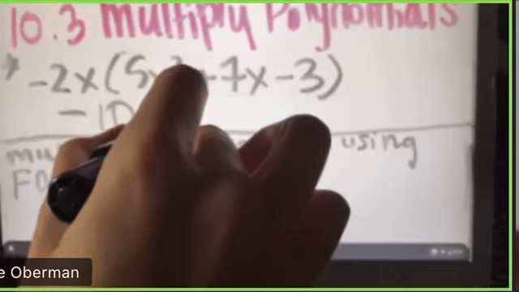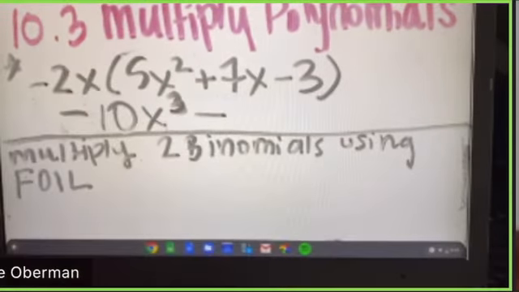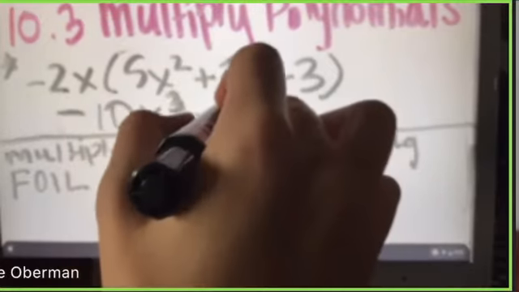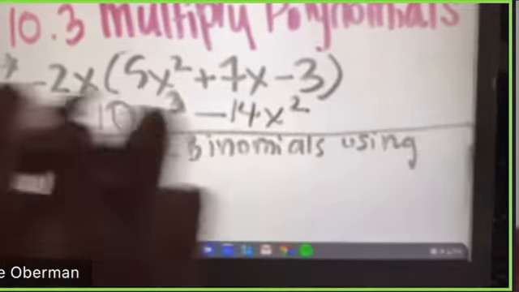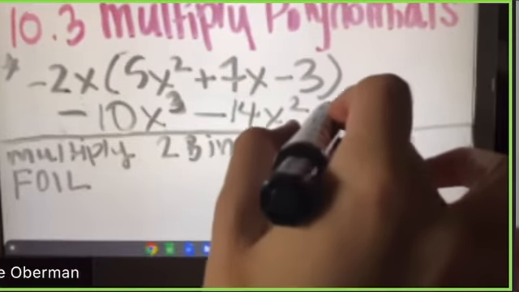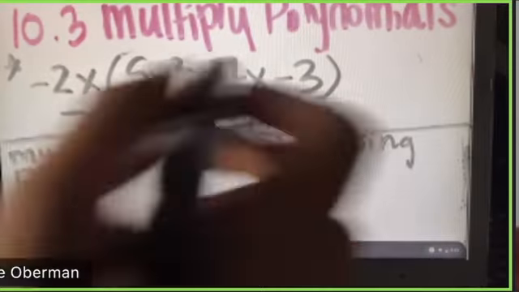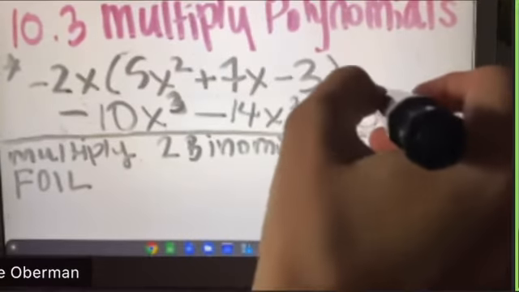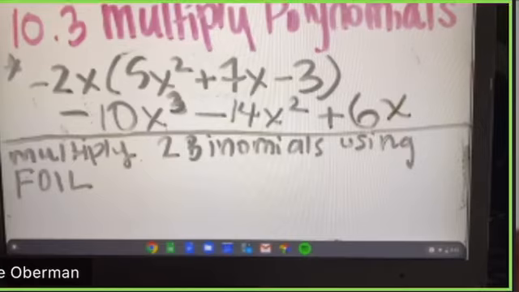Because we're multiplying this negative 2 to everything. So minus 14x squared. And then what? Our last term? Why is it plus? Negative and negative. Exactly. So we have negative 10x cubed minus 14x squared plus 6x.